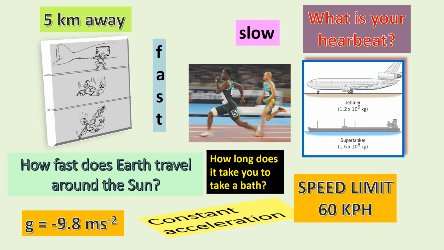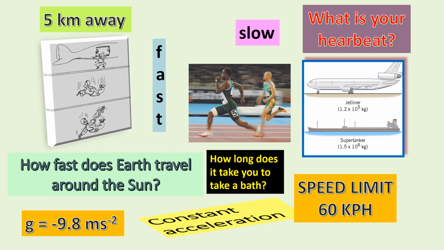What is the acceleration of a freely falling body? Okay, so that's asking for the rate of change in the velocity of a freely falling body. Such descriptions like slow, fast are examples of words that you have to use in describing how an object moves.